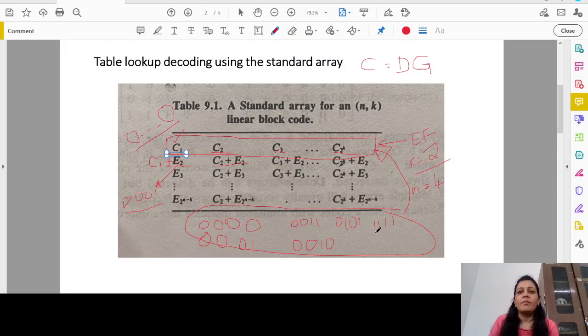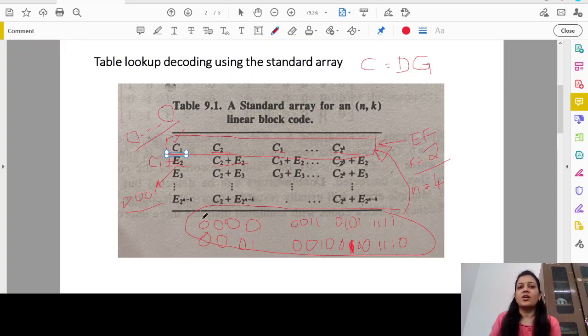Similarly, adding this error pattern to C3, we get 0 1 0 0, which is also not present as any of the code words. If I add the error pattern to C4, we get 1 1 1 0.